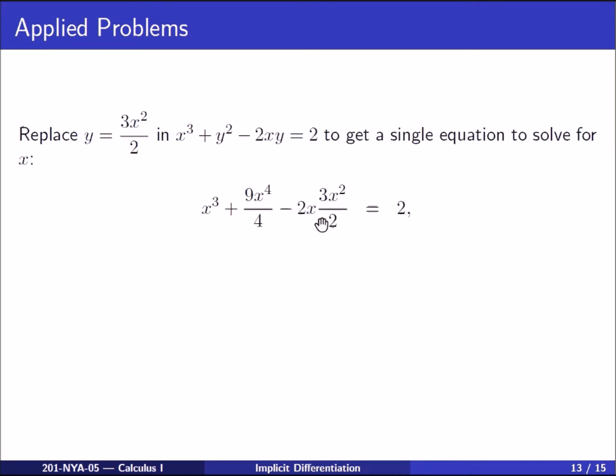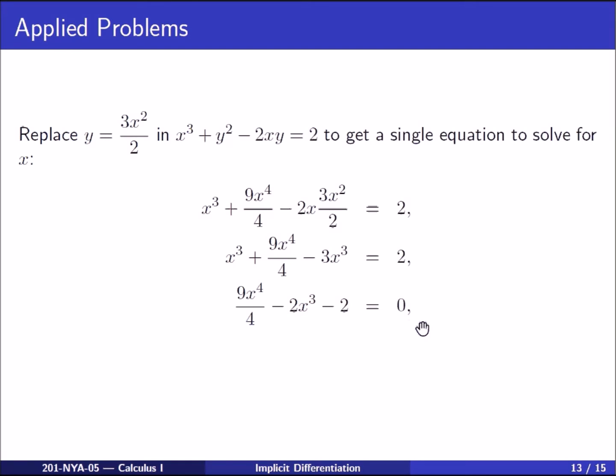So we can see that the 2's will cancel out. We get this: x cubed minus 3x cubed simplifies to minus 2x cubed, and I brought the constant 2 to the left hand side so that everything is equal to 0.